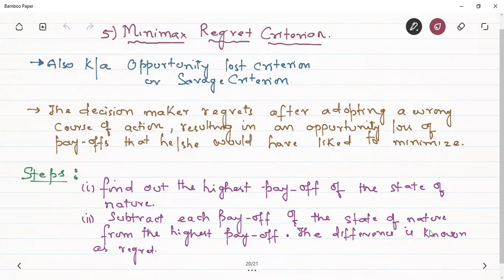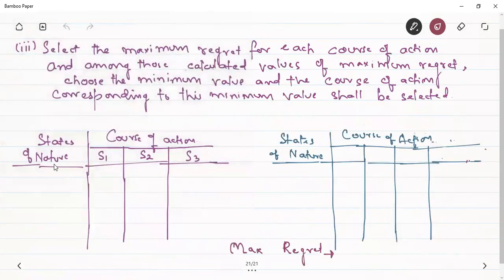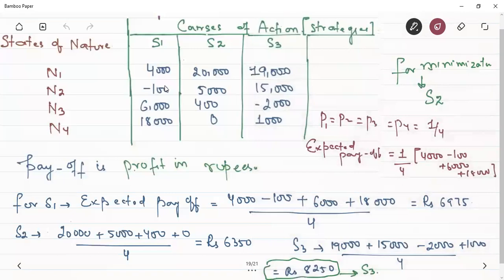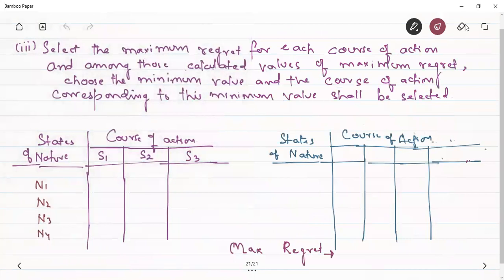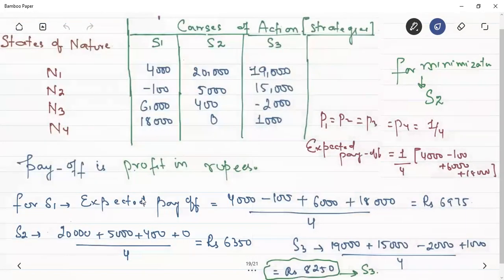I would like to write the table again. These are the states of nature: this is N1, this is N2, this is N3, and this is N4. What were these quantities? 4,000, minus 100, 6,000, 18,000. The others were 20,000, 19,000.